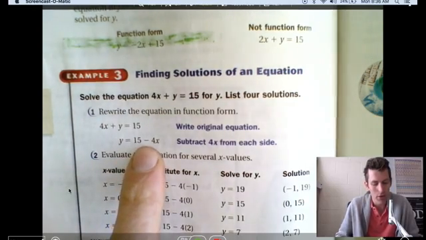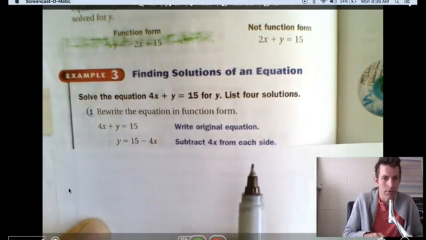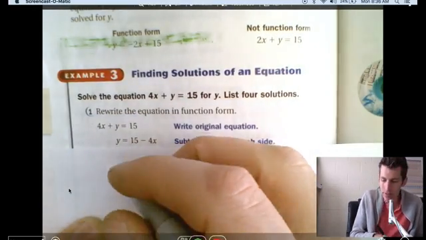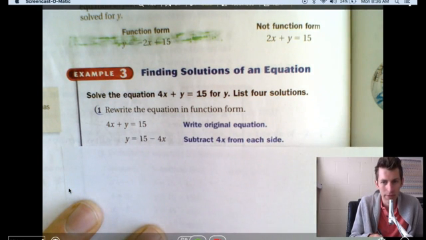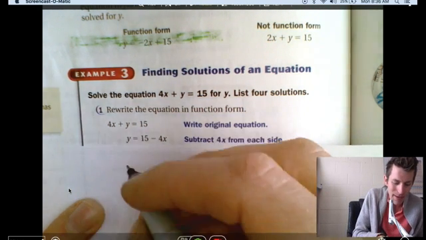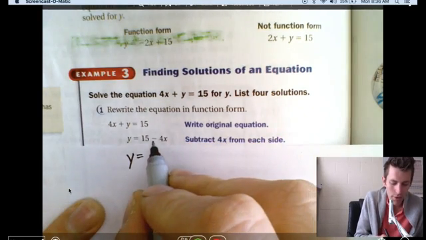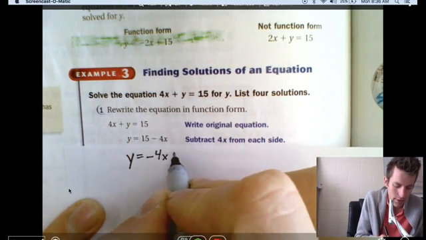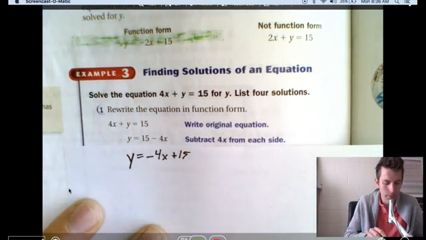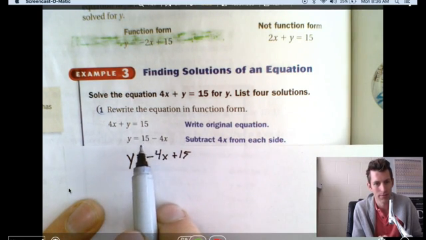Now, apparently they don't put it in the format that I was just telling you about, but it might just be for later on in math. In math, we like to arrange this with the negative 4x first, plus 15. What I just wrote is the same as that, right?